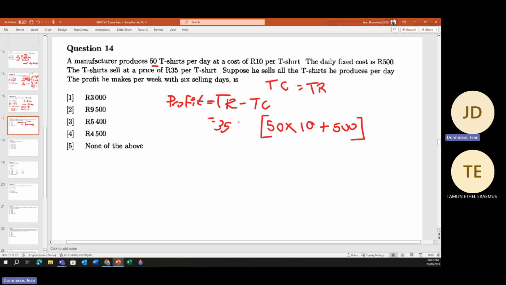Remember, you made 50 t-shirts, so that will be your total revenue. So the 35 times 50 will be your revenue. Why does it feel so little? Total revenue 1750.